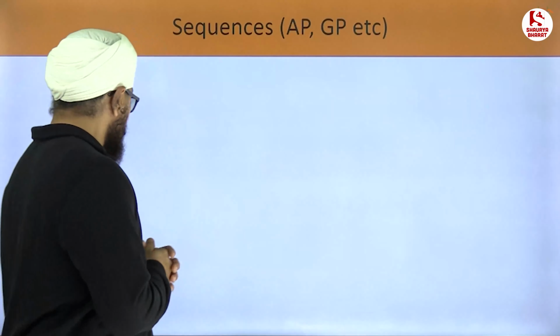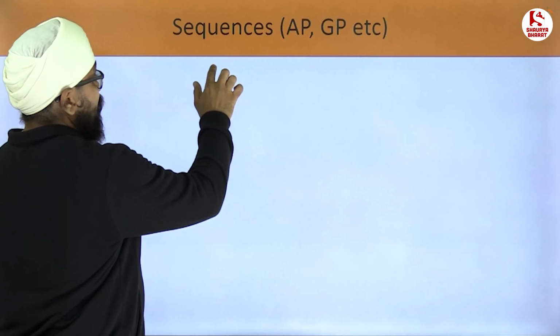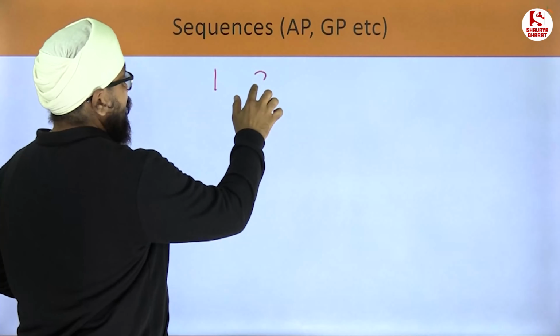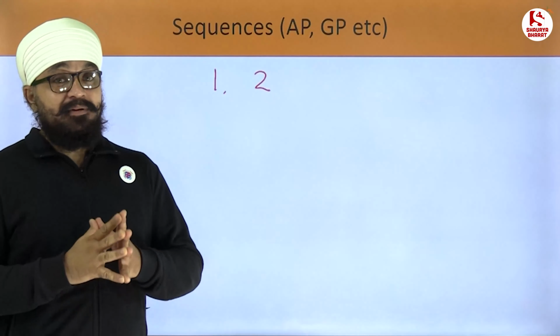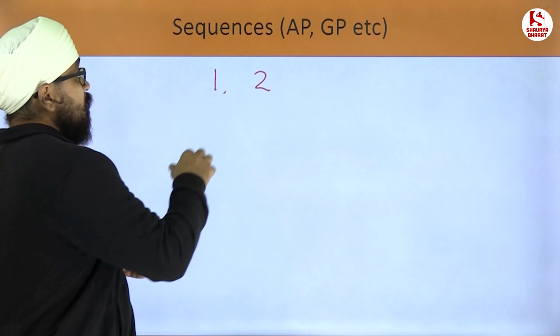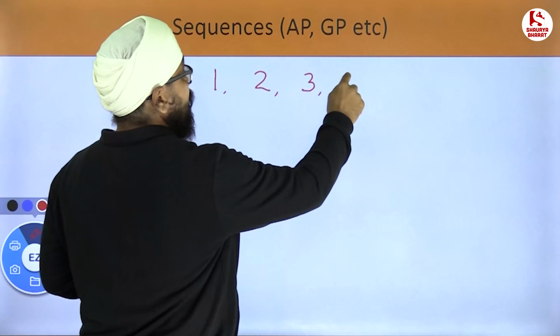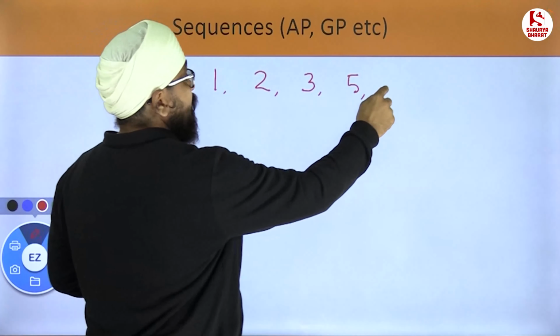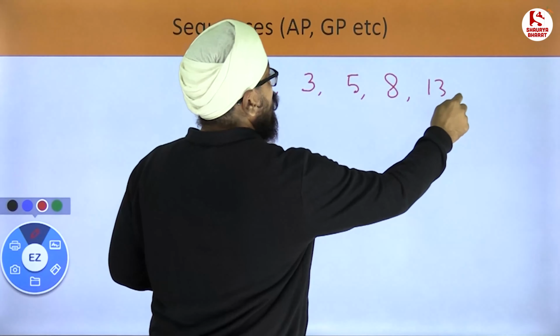Say for example, I am taking numbers like this: I am having a number 1 and a number 2 which I am fixing, that is, the first number is given to you as 1, the second number as 2. Now, the third number I am writing 3, then 5, then 8, then after that 13.